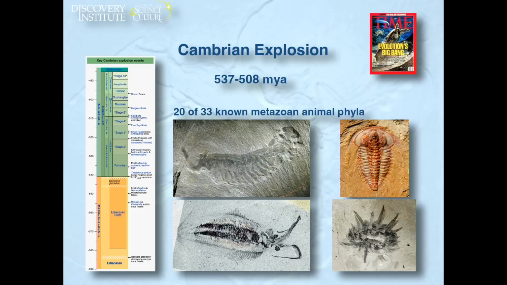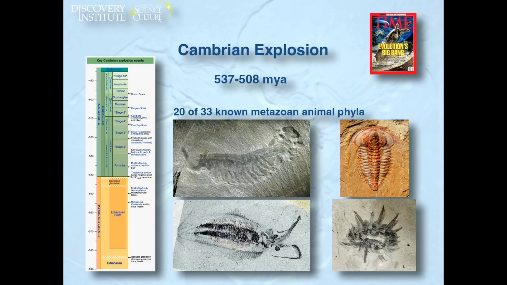And then we come to the Cambrian explosion, which you probably all have either read or at least have heard about, the book by Steve Meyer, Darwin's Doubt, about the Cambrian explosion and the origin of animal body plans. And in the Cambrian, which is around 530 million years ago, we find a sudden appearance of different constructions of animals, like the mollusk body plan, the arthropod body plan, the vertebrate body plan.